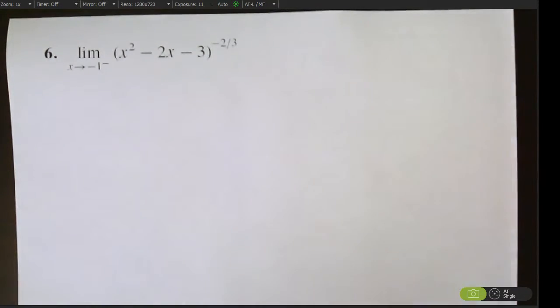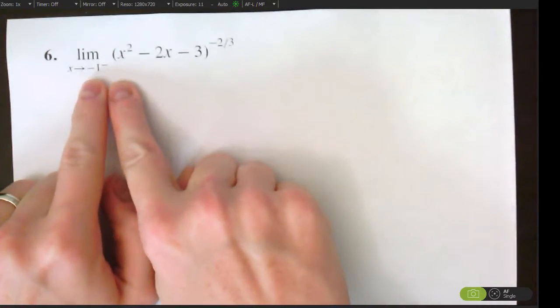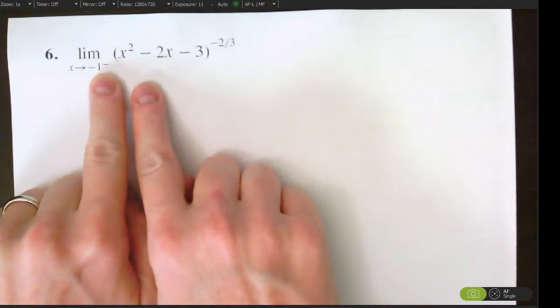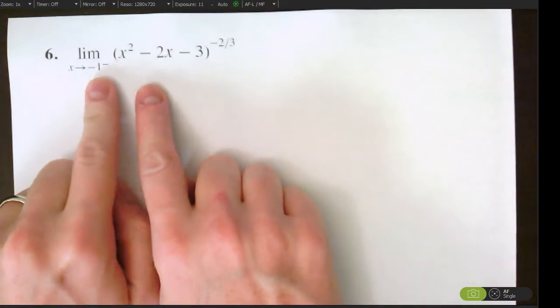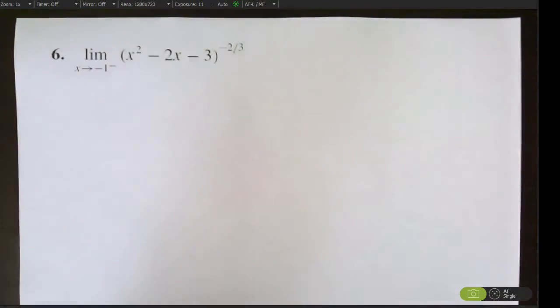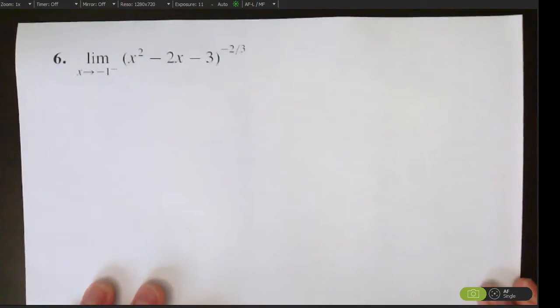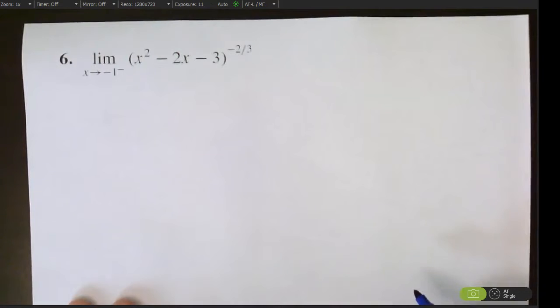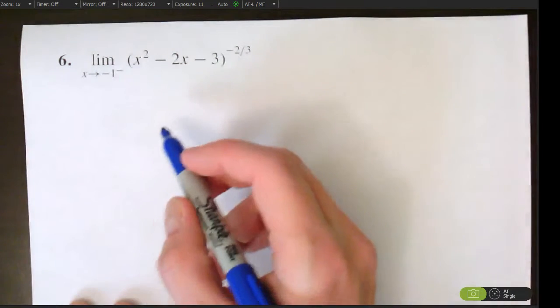So here we go. I'm looking at a left-sided limit. Okay, that's going to be important for us, that I'm coming in from the left of -1. Now, what I have to start off with is that there are two things to do the algebra for this.